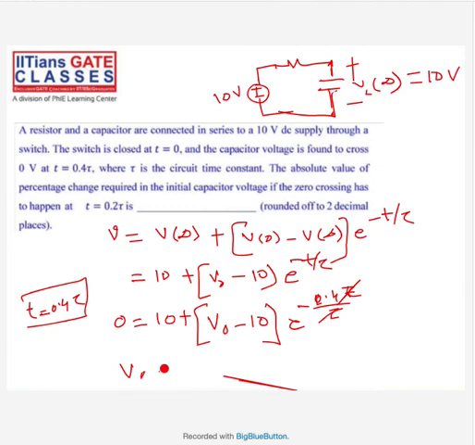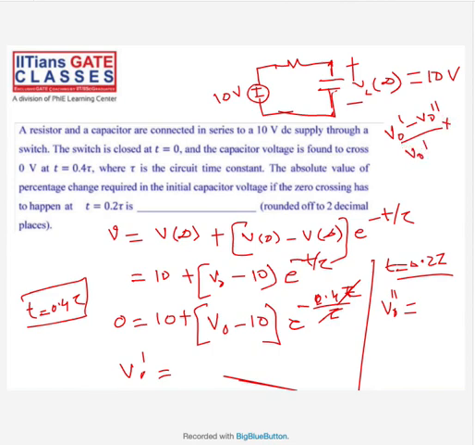Find V0 for this. Find V0 for t equal to 0.2 tau also. I'll call this V0 dash and V0 double dash. The answer is V0 dash minus V0 double dash by V0 dash into 100.